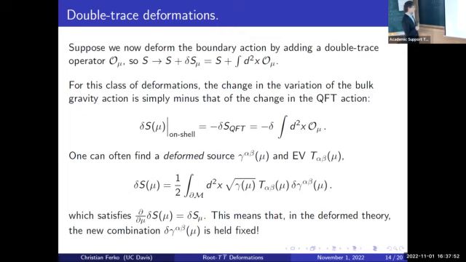So then you're in luck, because all you've done is changed your metric and stress tensor in some mu-dependent way. And now to have Dirichlet boundary conditions for those modified metric and stress tensor, you just hold this new delta gamma fixed.